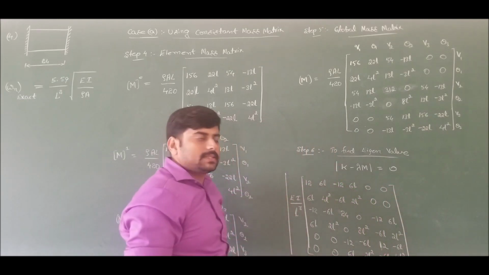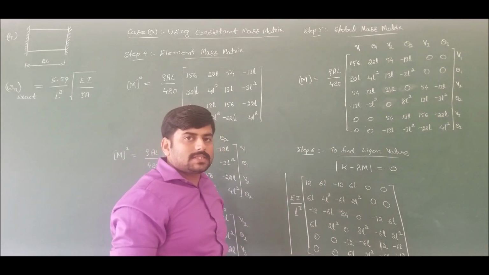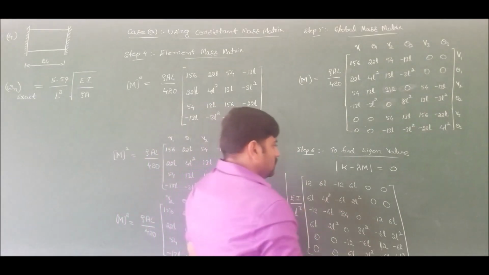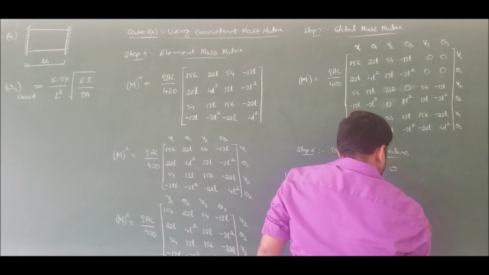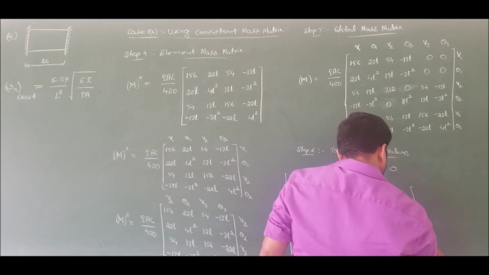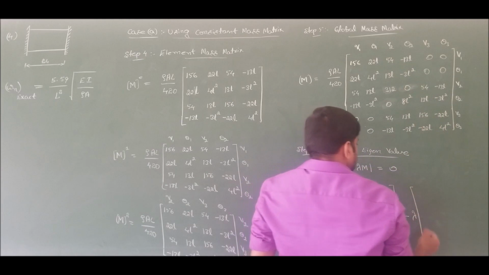So referring to step number 3, I have entered the global stiffness matrix, and now we have minus lambda times the global mass matrix. The global mass matrix is here itself.